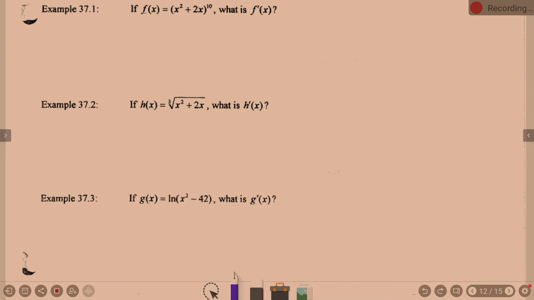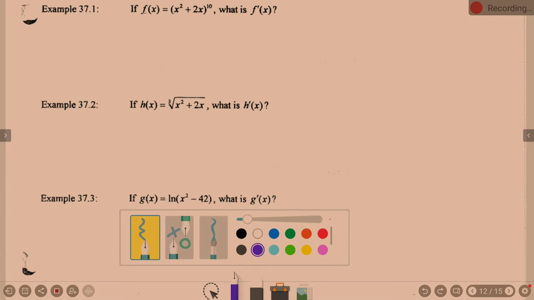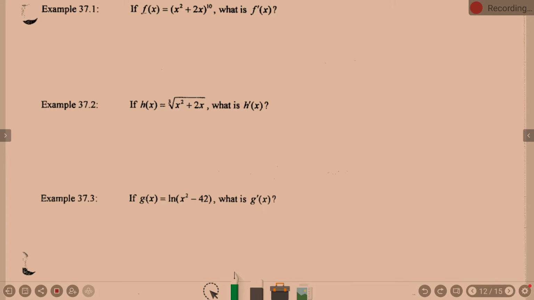Okay. So let's look at example 1. If f of x equals x squared plus 2x raised to the power of 10, what is f prime of x? I want you thinking, what is the inside here?